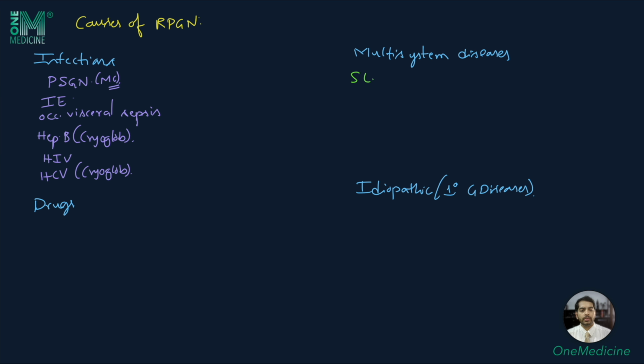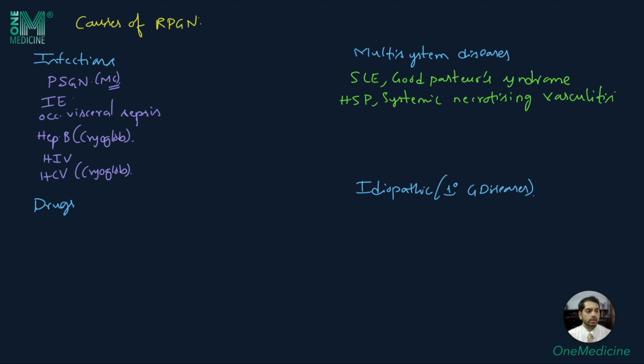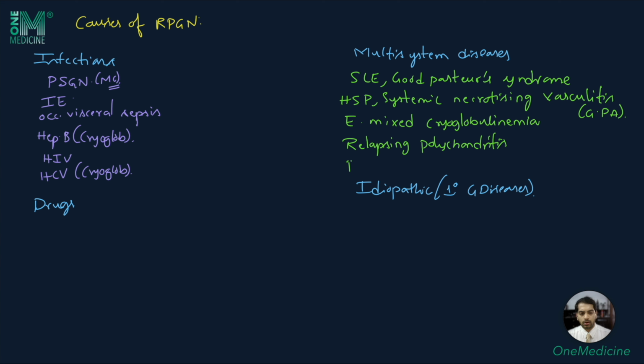Multisystem diseases include systemic lupus erythematosus, Goodpasture's syndrome, Henoch-Schönlein purpura, systemic necrotizing vasculitis, including granulomatosis with polyangiitis, essential mixed cryoglobulinemia, relapsing polychondritis, and rheumatoid arthritis.